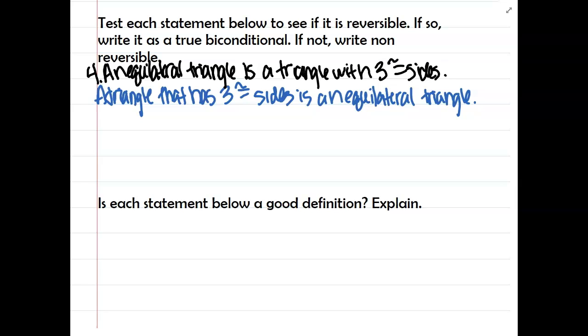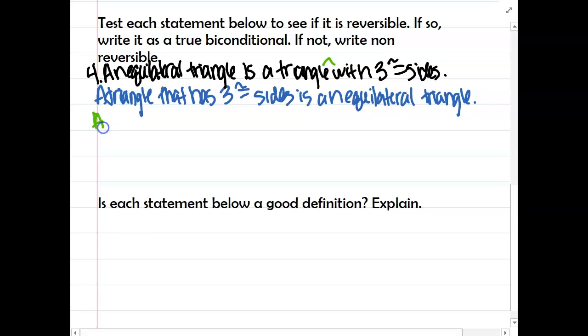So we could write this as a true biconditional, okay? Remember, a biconditional doesn't have the if-then, okay? So this one, you're really just going to take this and you're going to plug in if and only if right there. So maybe rearrange the words a little bit. So you kind of have to think ahead a little bit.